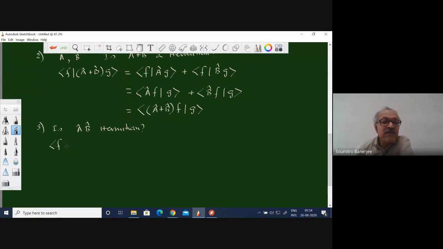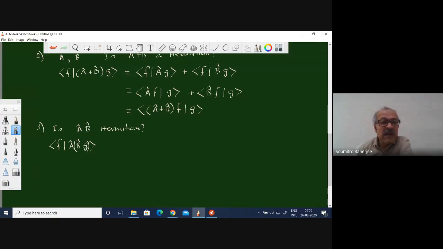We say F, A B, G. Now, you have to realize that what is happening here is that first B as an operator operates on the function G. Whatever you get, A operates on that function. Whatever you get, F and that function, you take an overlap integral of that. Effectively, that's what is happening.